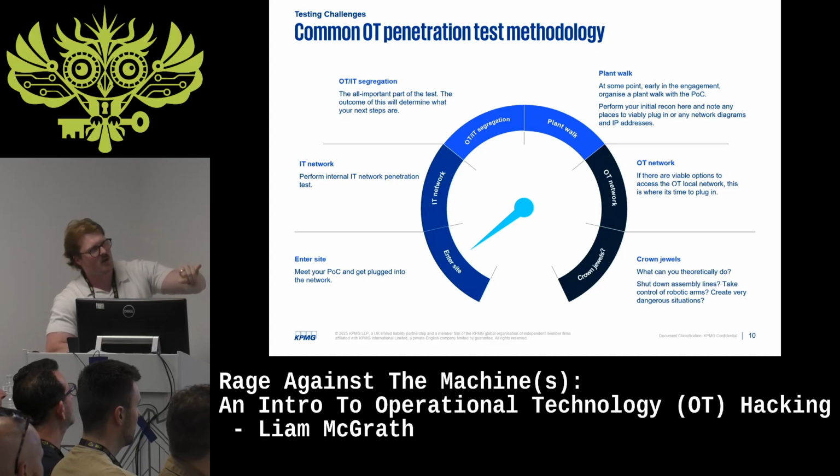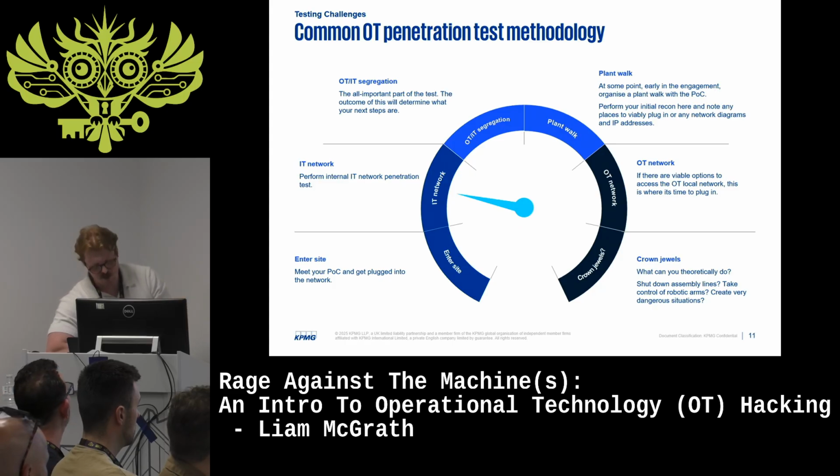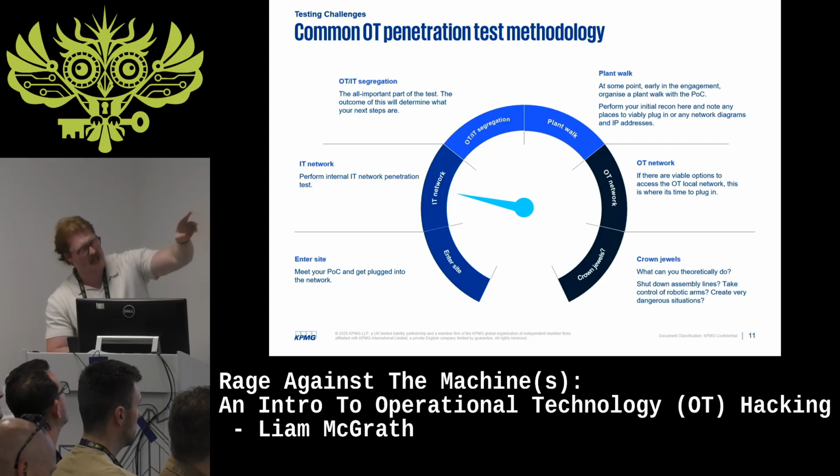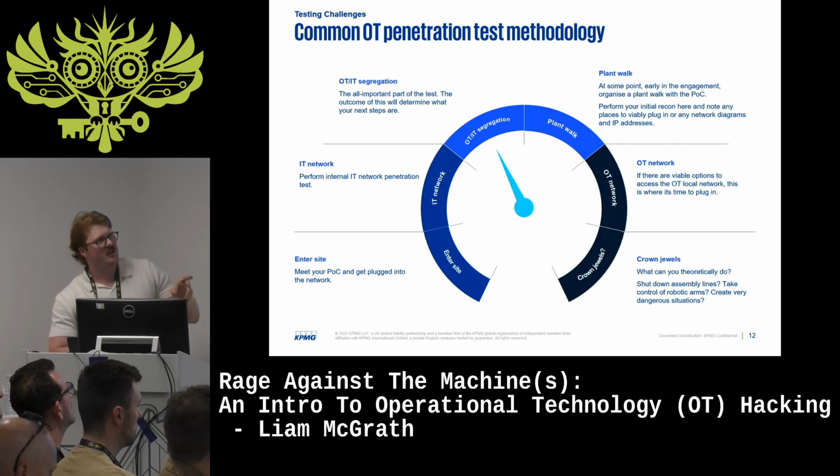But day one, naturally, you're going to be on site. You go in, meet your point of contact, and you get plugged into the network, which is typically going to be the IT network. And I know we're doing OT here, but it is really important to also do the internal IT network, because it goes hand in hand with the next bit, which is one of the important bits of this testing.